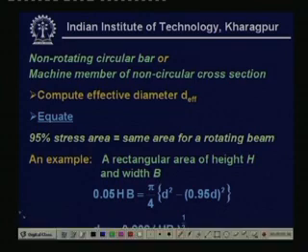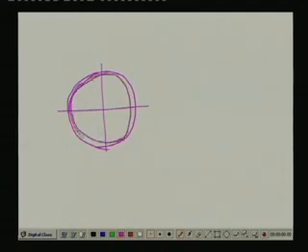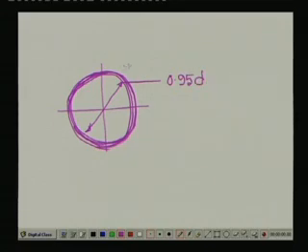If we consider once again a rotating beam, then what we can expect is that the 95% stress area is basically something like this, where you draw a thin annular zone, for which the diameter is 0.95 D. So, this one is called the 95% stress area.